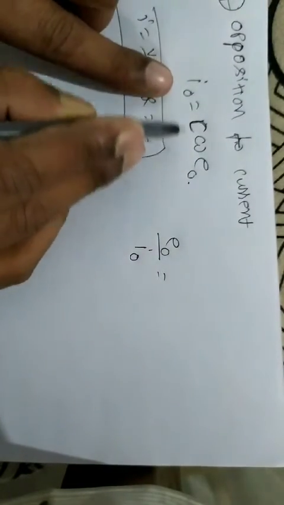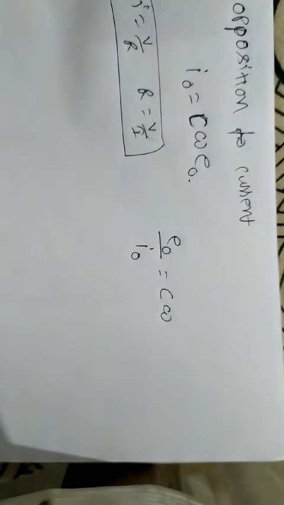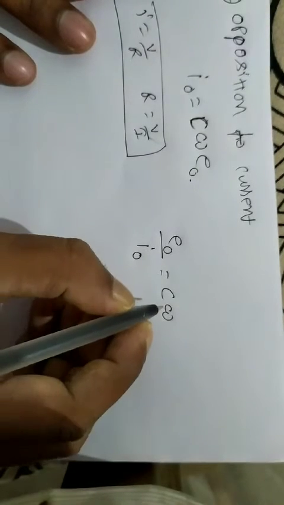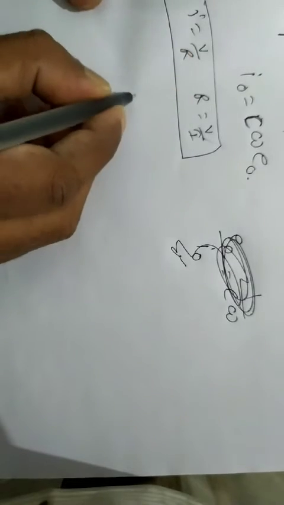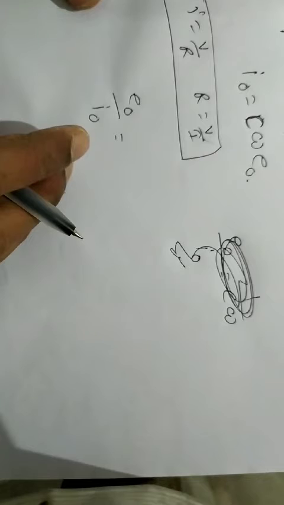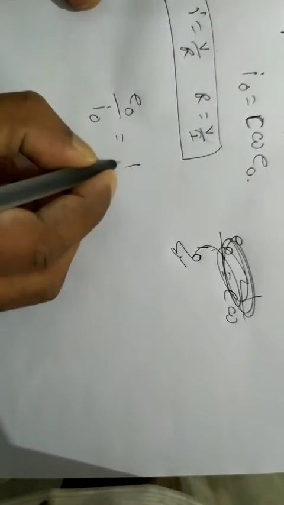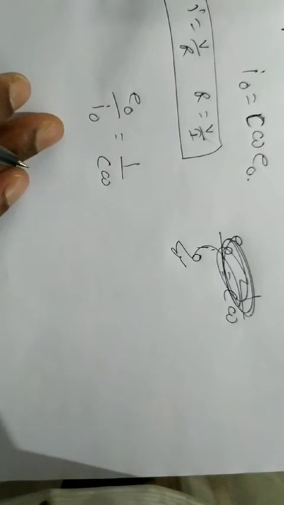E naught by I naught is equal to 1 by C omega. So E naught by I naught will be equal to 1 by C omega.